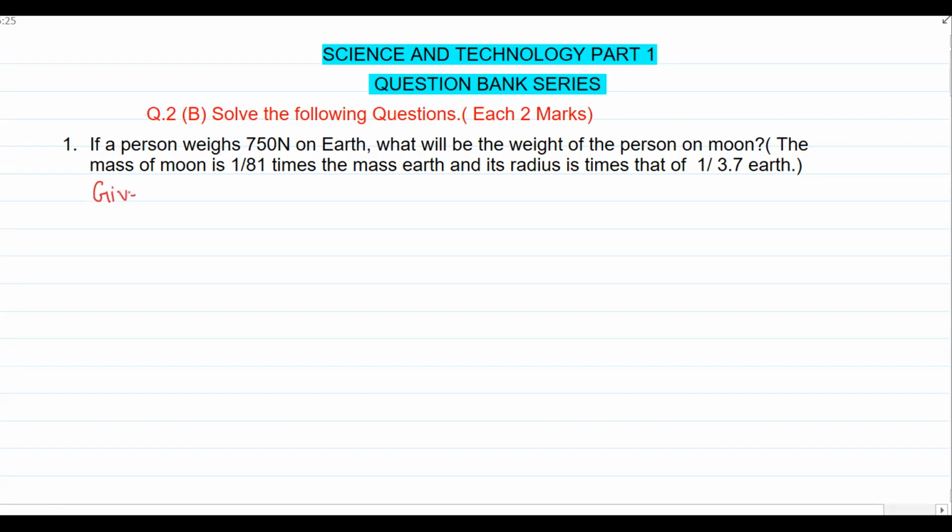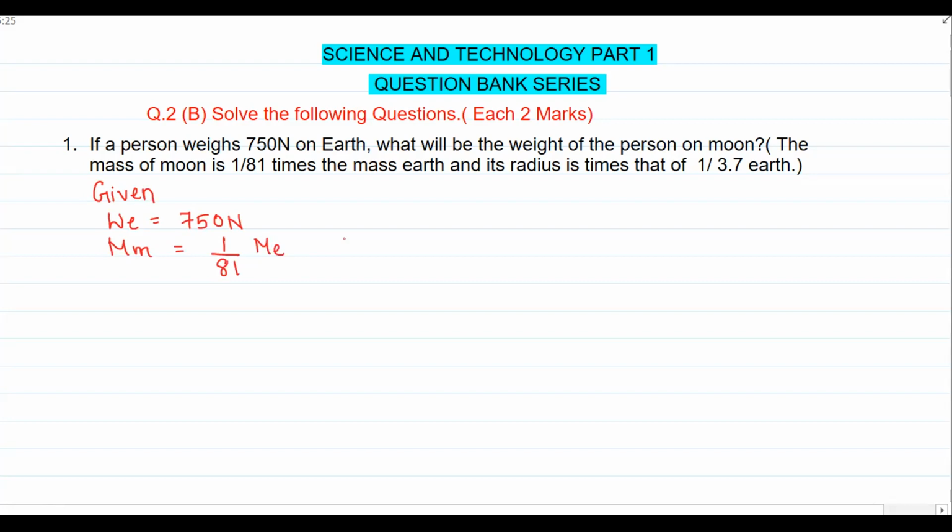Here, weight of a person on Earth is given, that is WE is equal to 750 Newton. And mass of Moon is given 1 upon 81 times that of Earth.